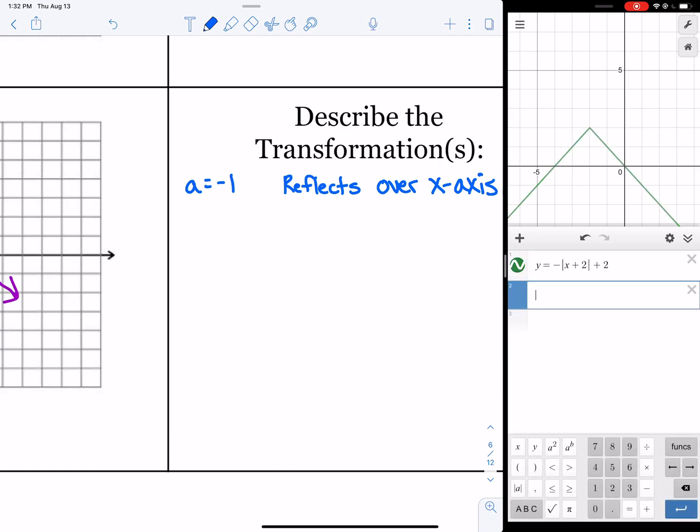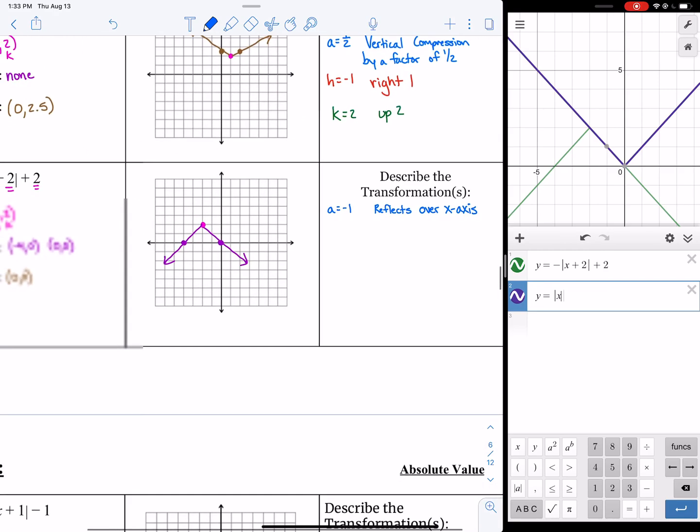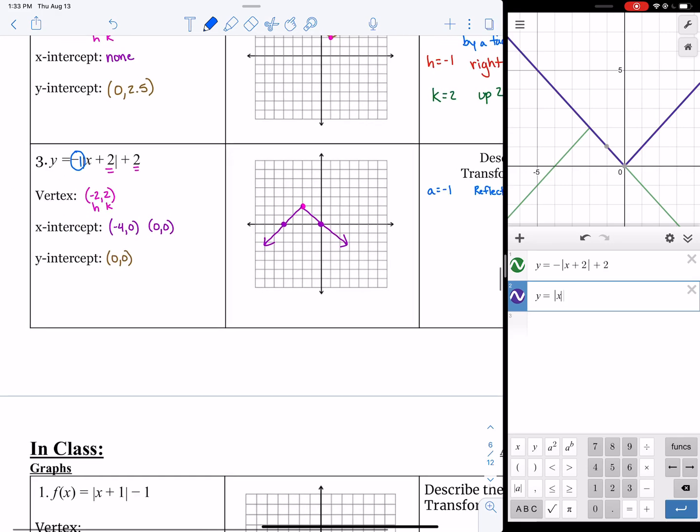Now, A is just equal to 1 for its value. So if I said y equals the absolute value of x, my parent function, you can look over here and tell that the purple parent function and the green transformed function are both the same width. One does not look more wide or more narrow than the other. So that's because A is just equal to 1, and then it's negative, so it made it reflect over the x-axis.